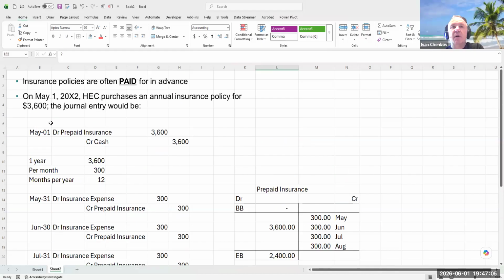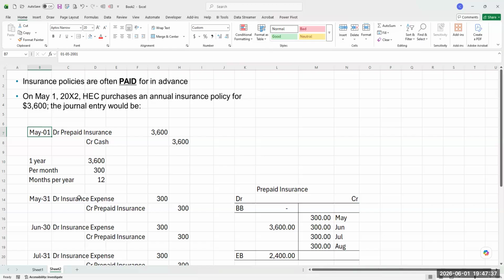When is the insurance going to expire? I purchased the insurance on May 1st. On which day is the insurance going to expire? Are you guys with me? If I purchase annual insurance which starts on May 1st, on which day is that insurance going to expire? Think again. April 30th. That's where 1 year expires.